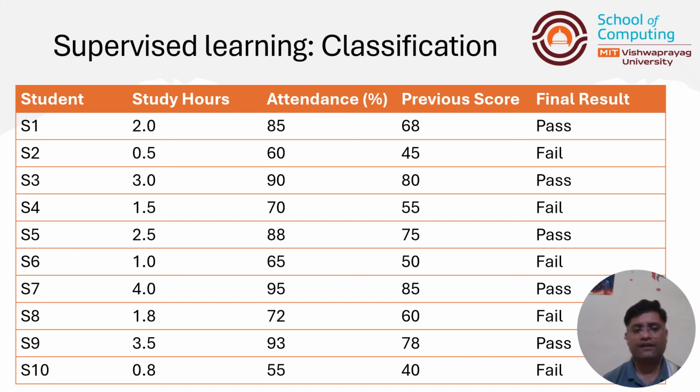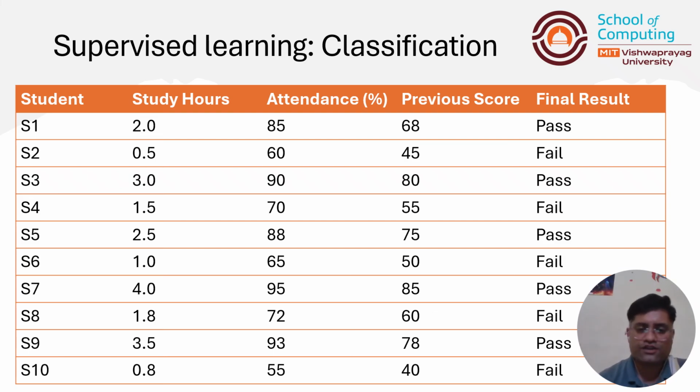Say for example, here I have three attributes: study hours, attendance and previous score. Suppose study hours are less, attendance is less and the previous score is less. The possibility is you might get fail. If study hours are more, attendance is also more and previous scores are also more, then you might get pass.